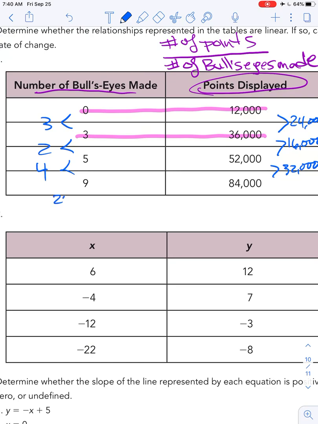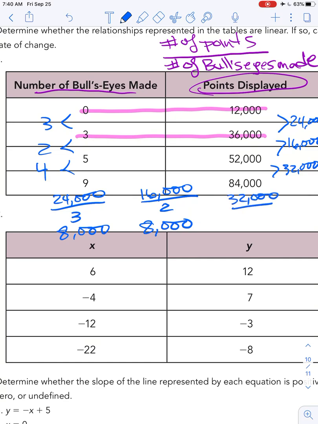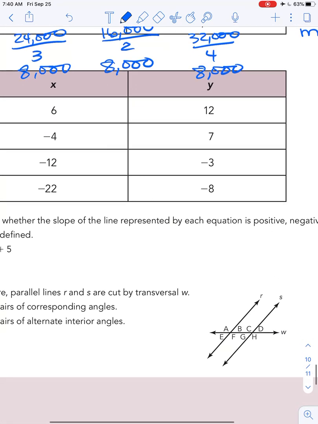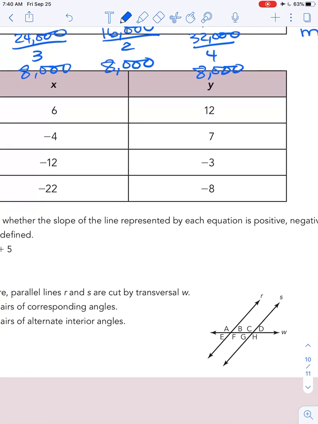So if I took 24,000 and divided by 3, I get 8,000. If I take 16,000 and divide it by 2, I get 8,000. If I take 32,000 and divide it by the 4, again, since it's constant, since it's exactly the same each time, that means that you have a line. It is linear.